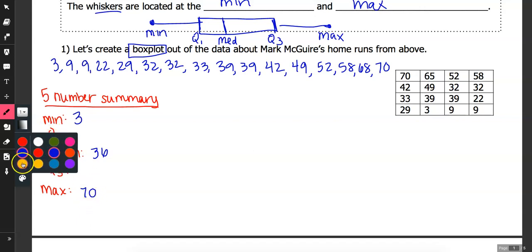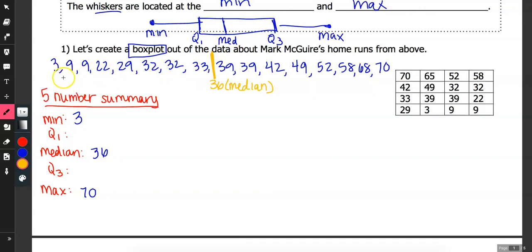Q1 is what we call the middle of the lower half. The halfway point was right here in between 33 and 39. That's where we found 36, our median. So we call that the middle. Q1 is basically the median of this lower portion. So what's the middle of just this first half?